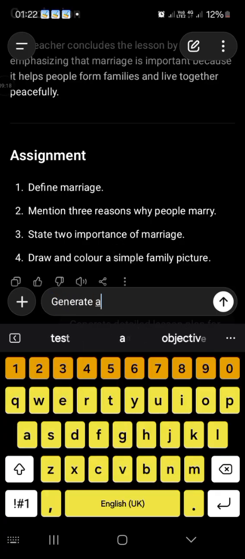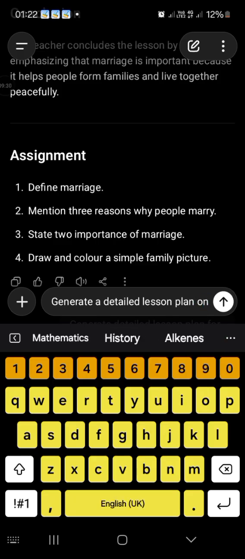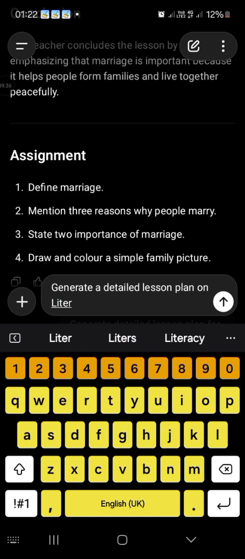Generate a detailed lesson plan on literacy.